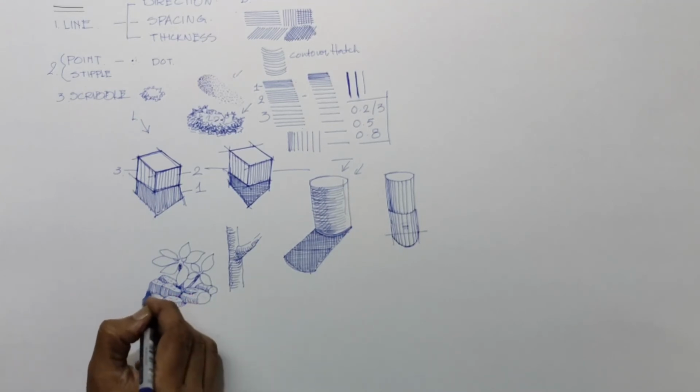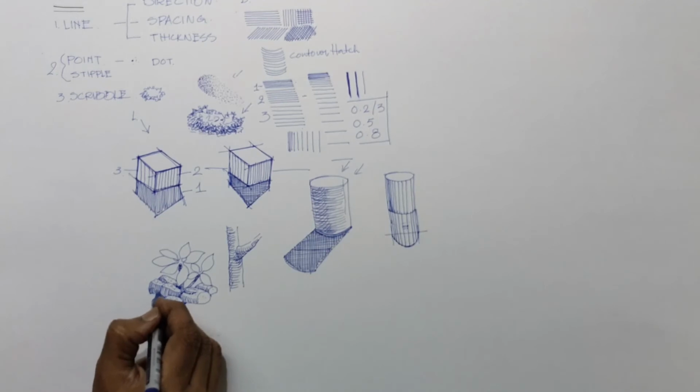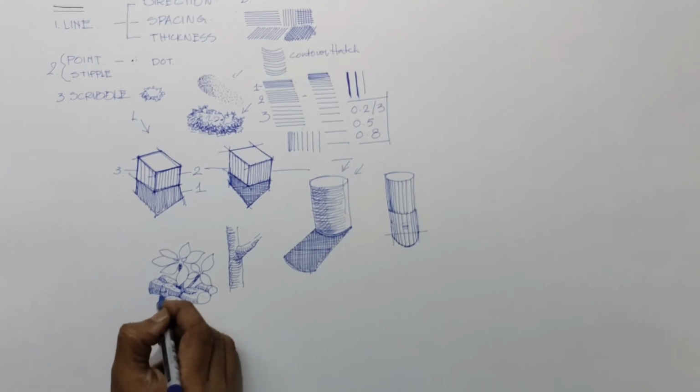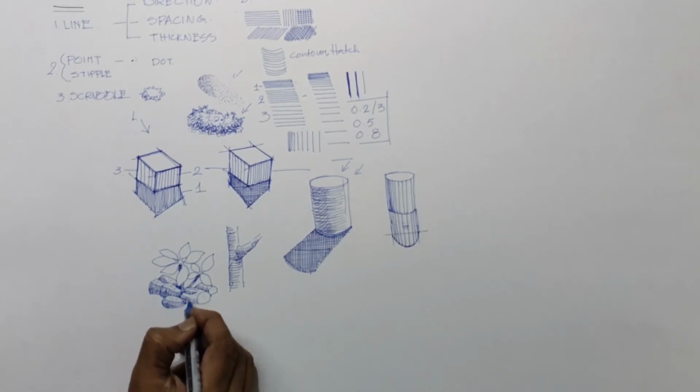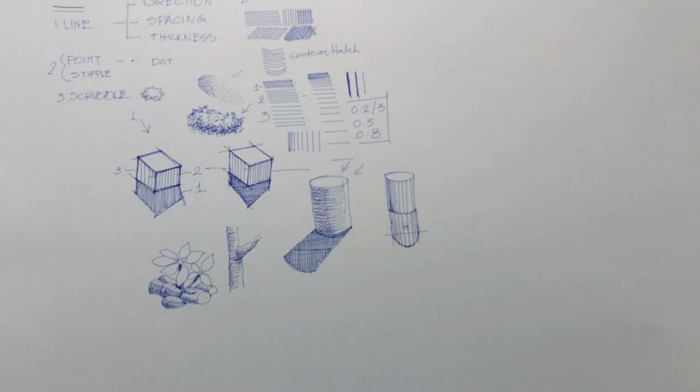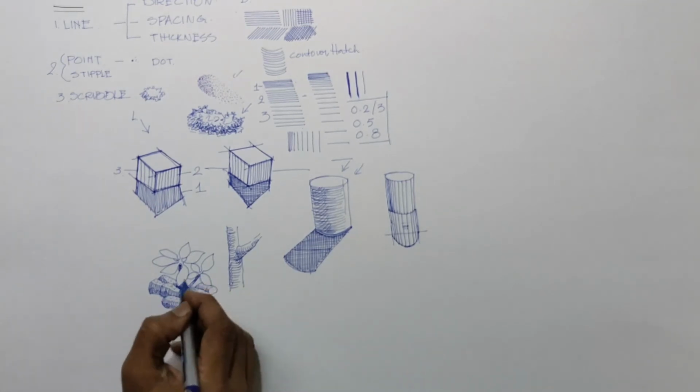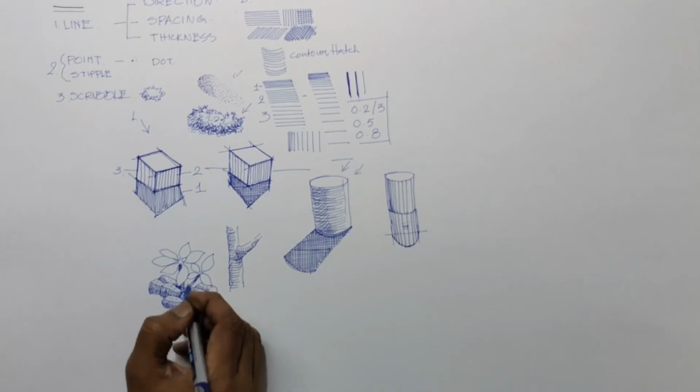And here, see what I'm doing, I'm adding depth or tone, altering the tone by using the same contour hatch in a different direction. Now I'll come down to this slowly, doing very close hatching.